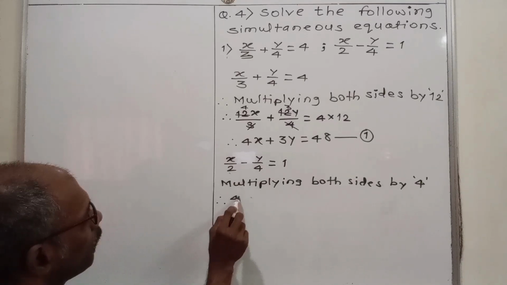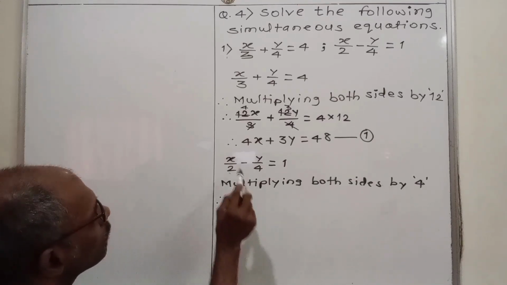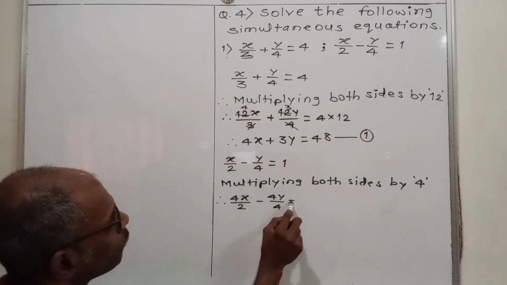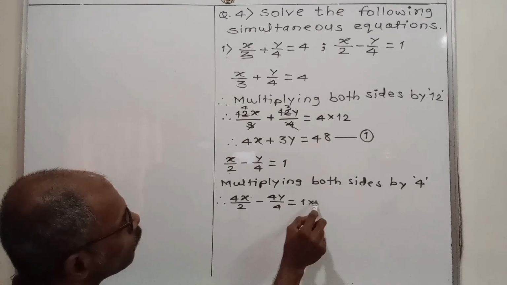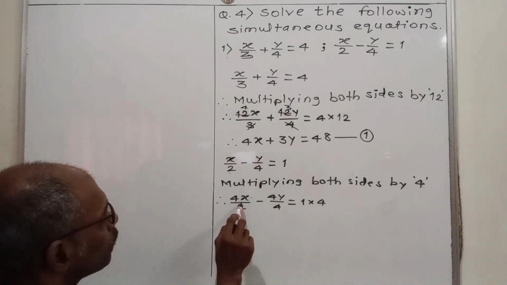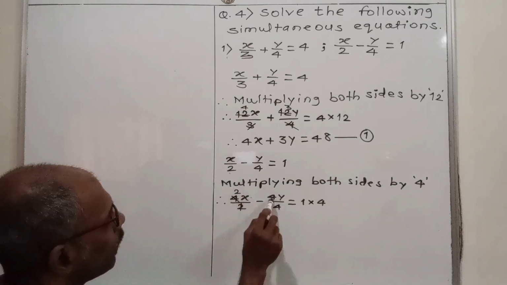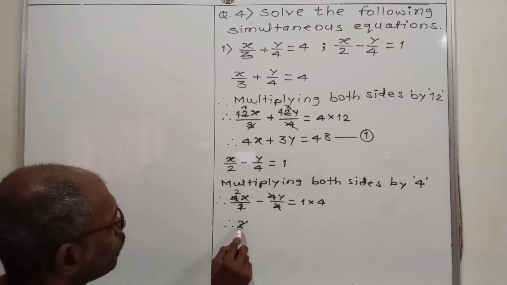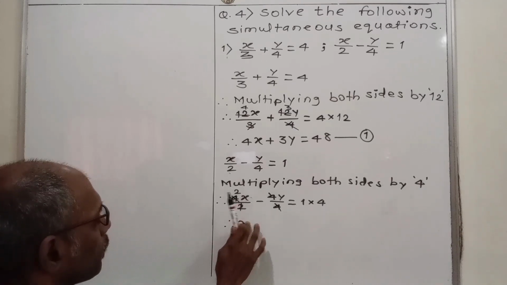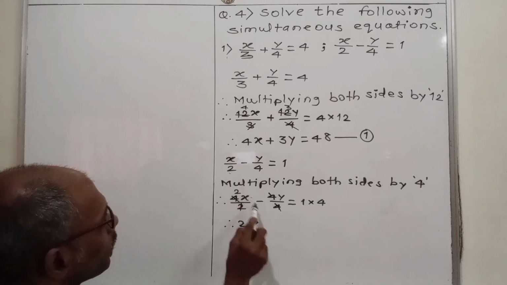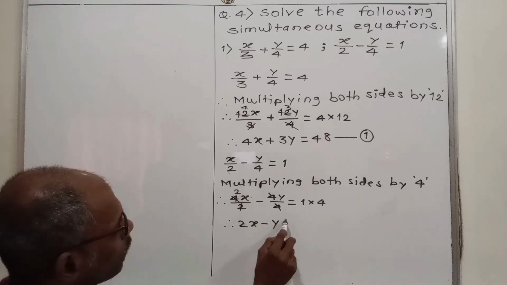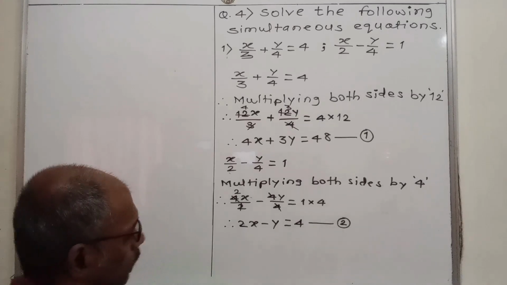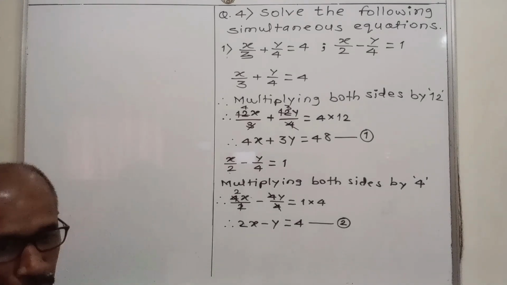Therefore, 4x upon 2 minus 4y upon 4 is equal to 1 into 4. 2 to the 4 cancelled. Therefore, 2x minus 1y is equal to 4. This is our equation number 2.